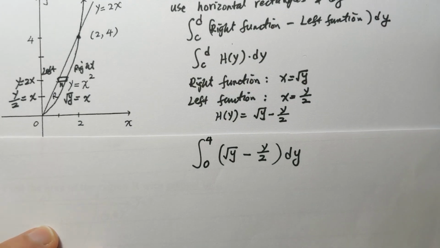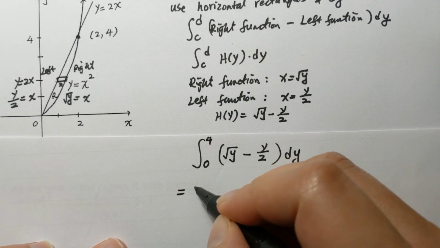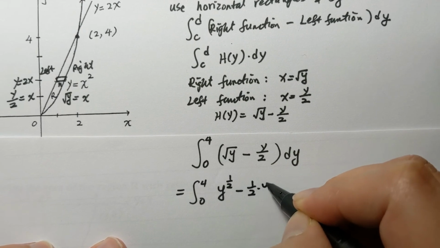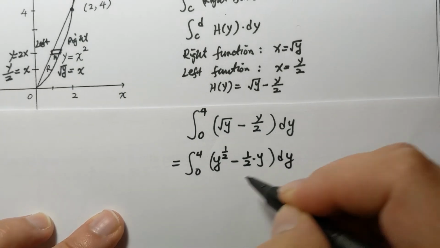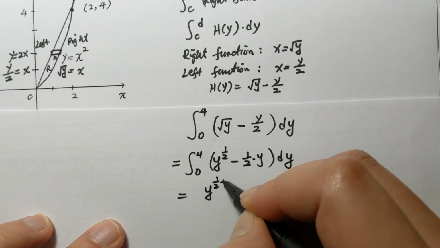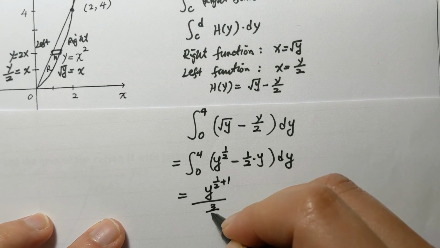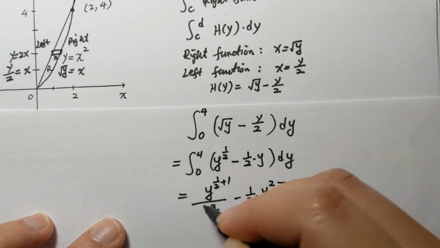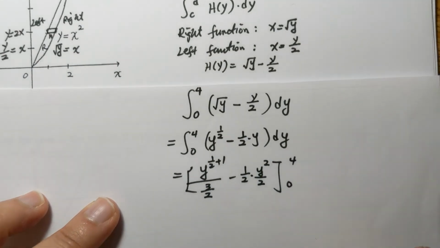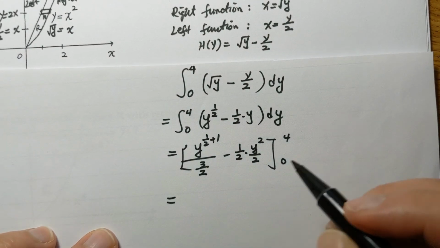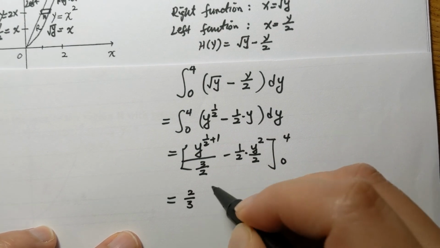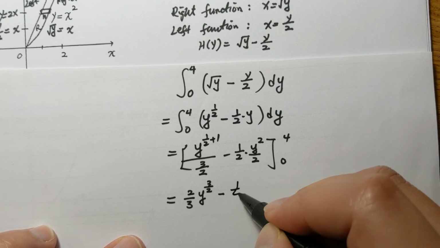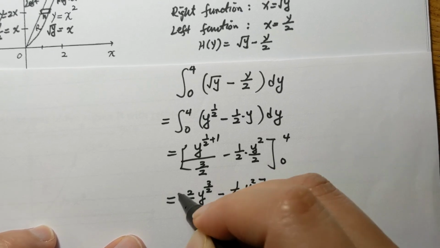Now the next step, we just have to integrate. We're going to do 0 to 4, y to the 1/2 minus 1/2 times y. Then we flip this over, it becomes 2 over 3 y to the 3 over 2 minus 1/4 y squared, because 2 times 2.